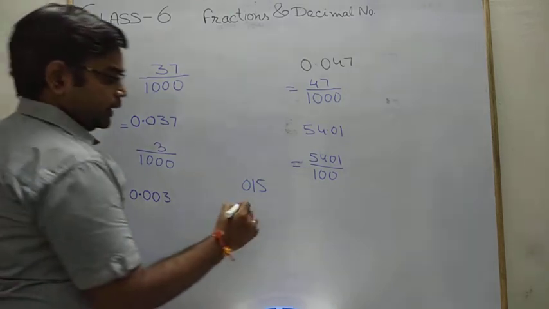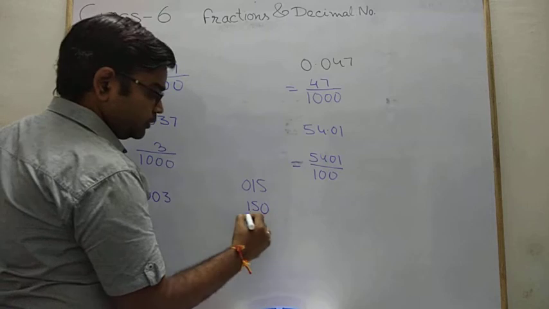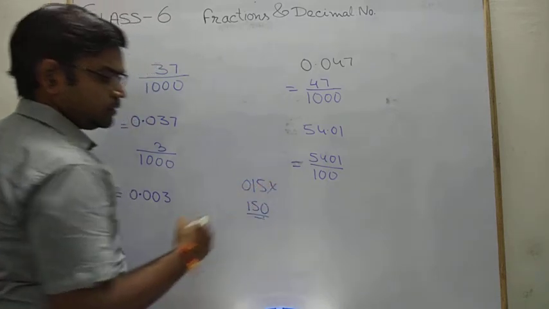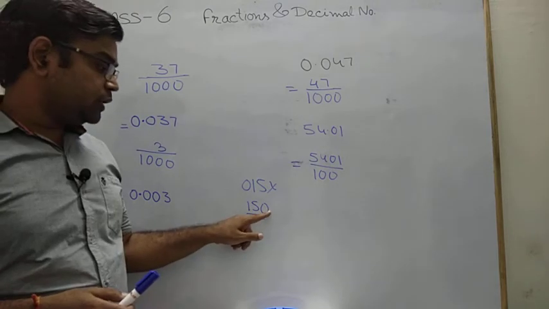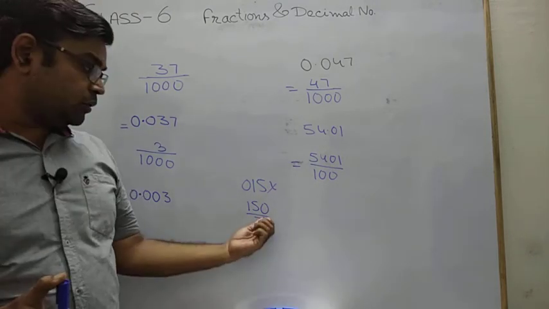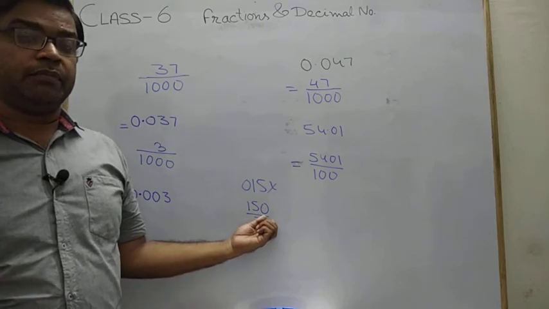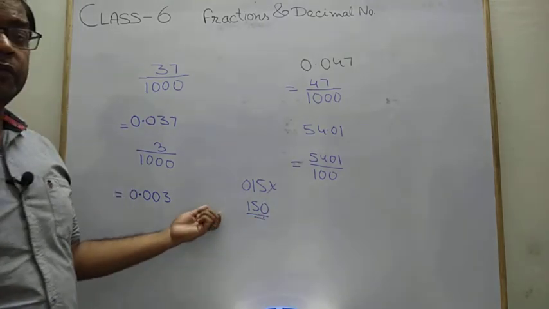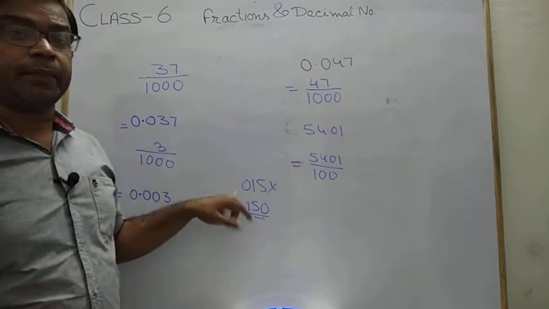And if I write 1 after 15, a 0 there is a good one. So always remember, if 0 is on the right hand side of a natural number, then it has value. But if it is on the left hand side of a natural number, it is meaningless.